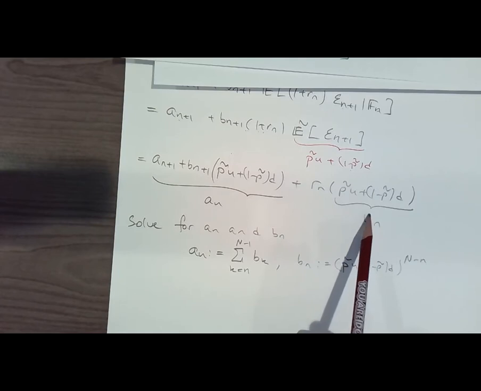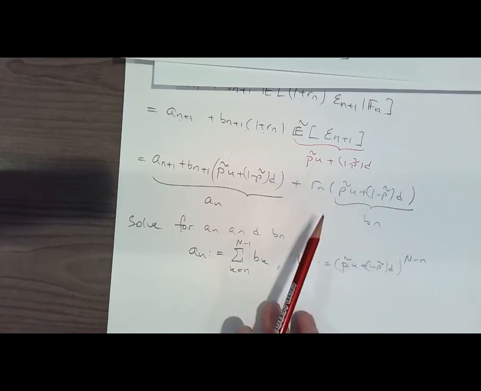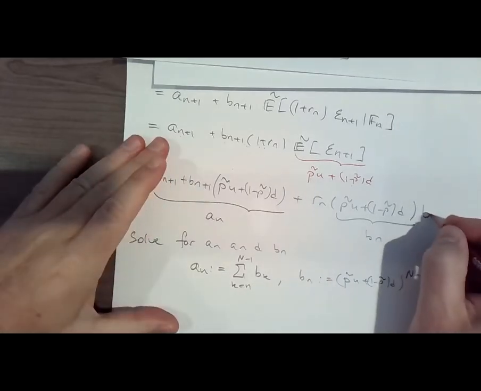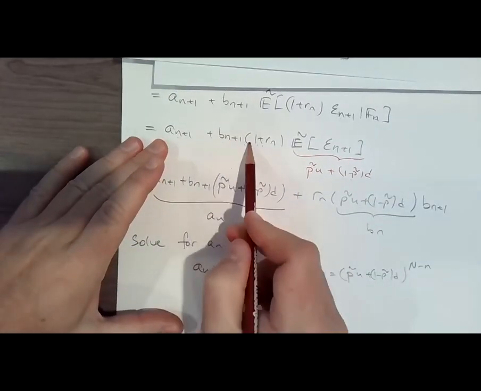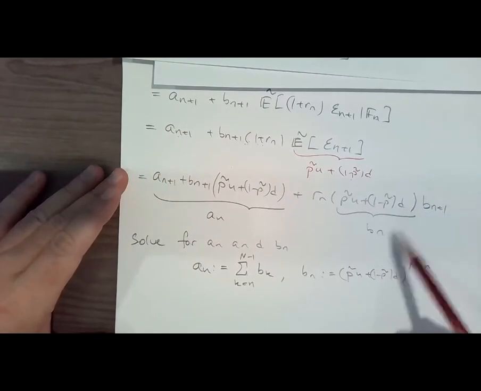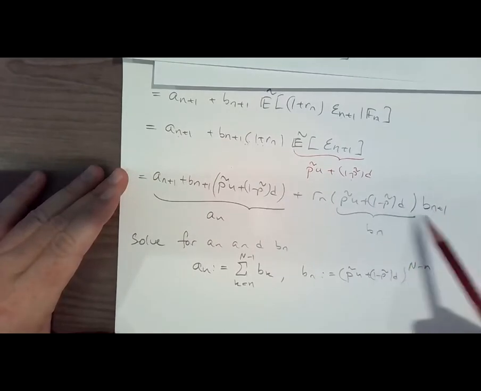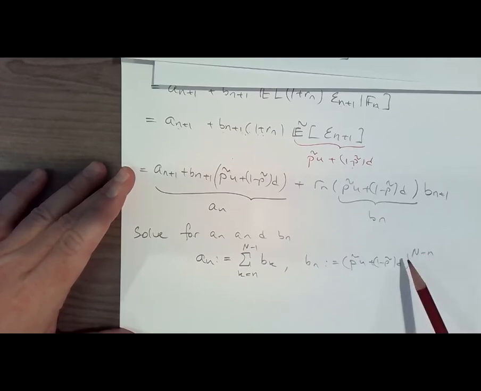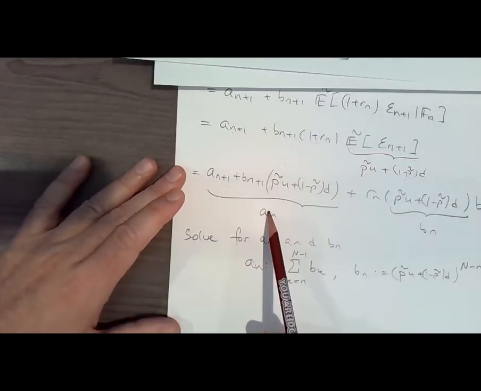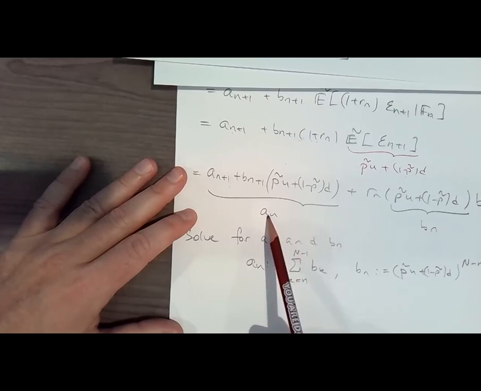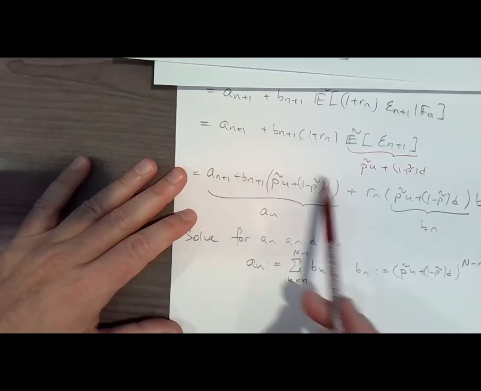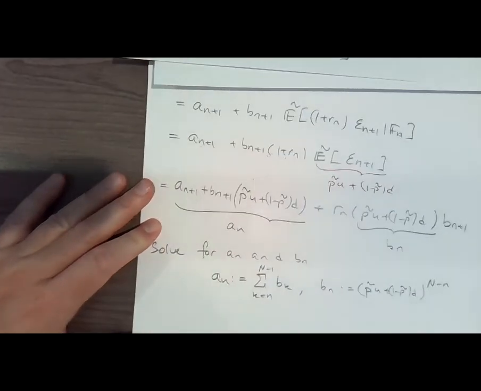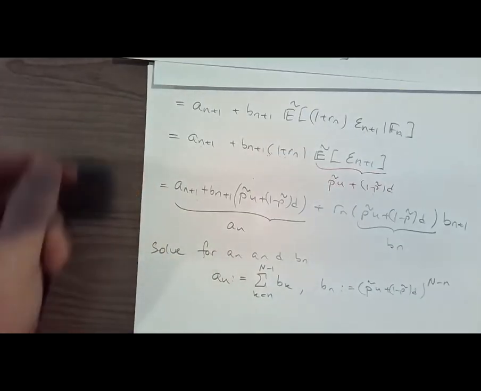You can see that because bn plus 1 is multiplied onto everything, so you get bn from bn plus 1 by multiplying here. So you can solve that; you're going to get some power structure. And over here, you're going to get an from an plus 1 plus this term here, so this is going to be a sum.